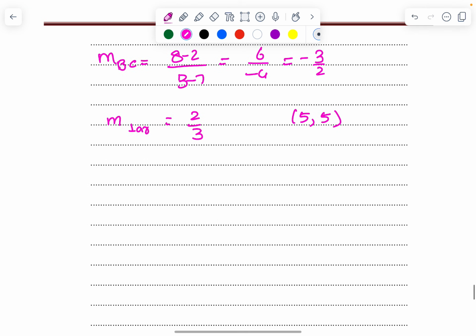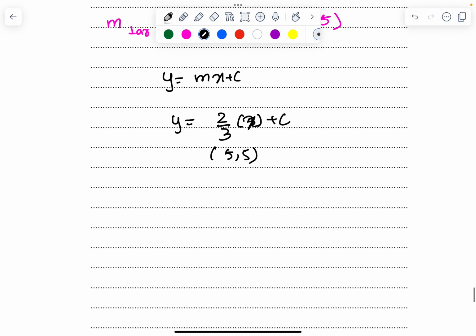So the equation will be y equals mx plus c. So y equals 2 upon 3 times x plus c, but it is passing through 5 comma 5. So 5 equals 2 upon 3 times 5 plus c. c equals 5 minus 10 upon 3, which is 5 upon 3.